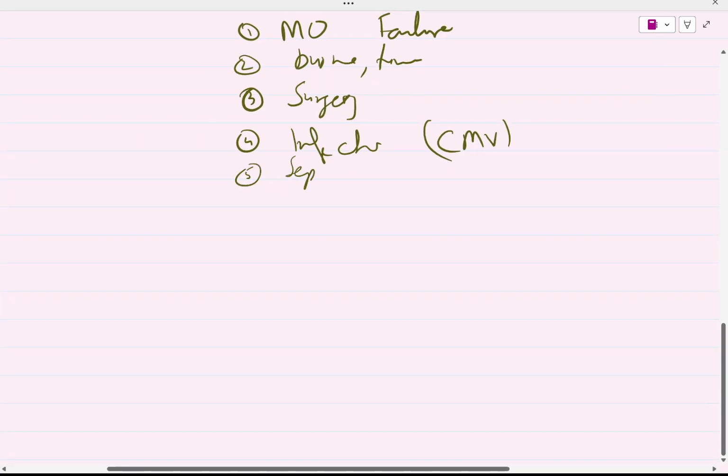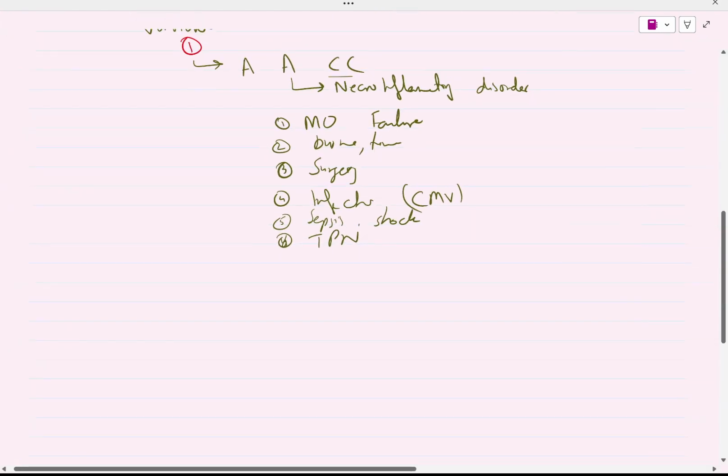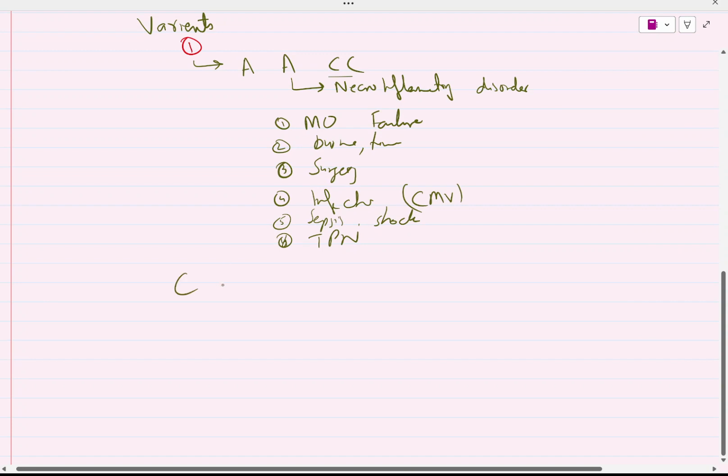A patient with sepsis or in shock can have it, and a patient on total parenteral nutrition can also have it. So how does the patient present with acute acalculous cholecystitis? The clinical presentation will be the same as calculous cholecystitis.